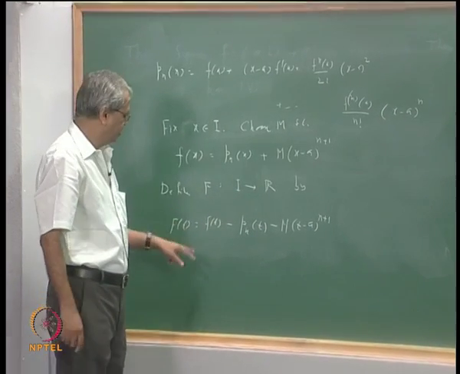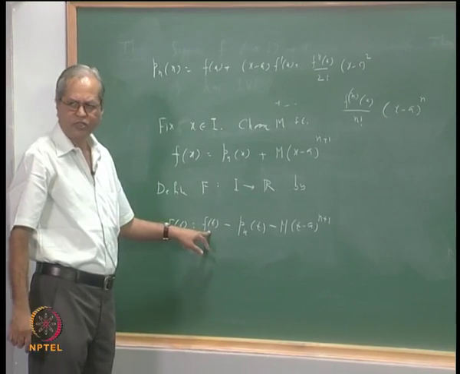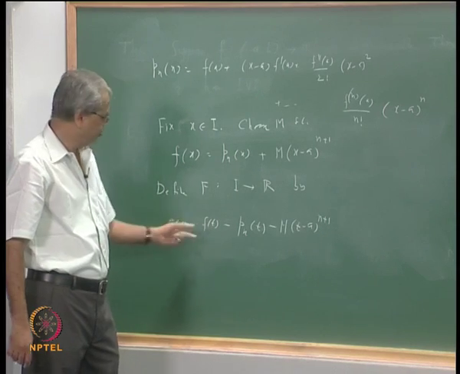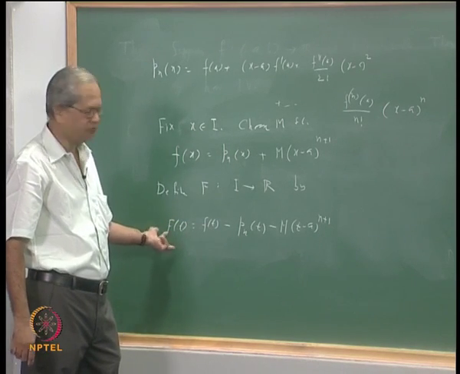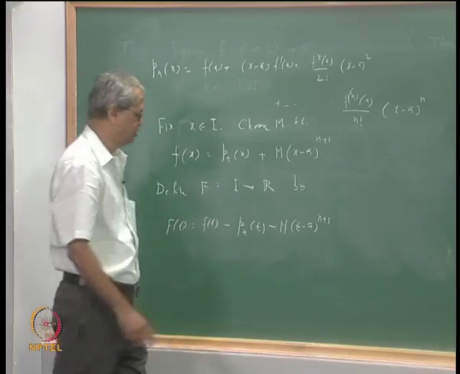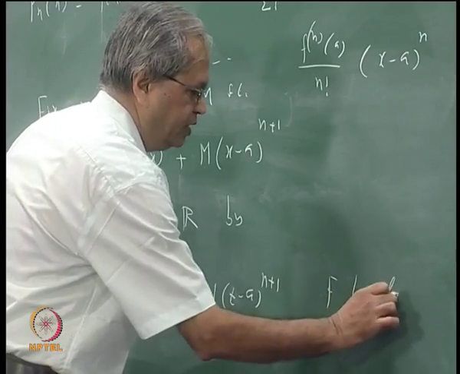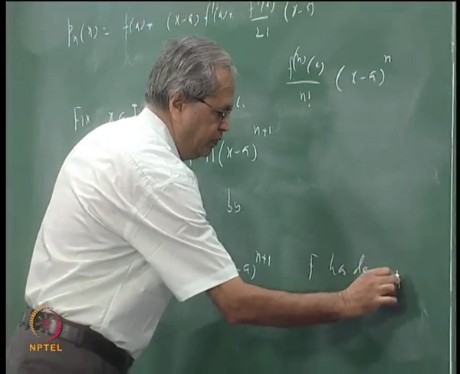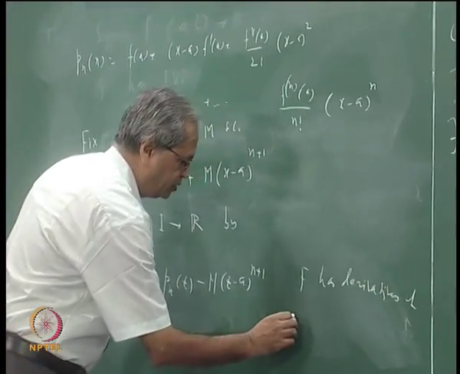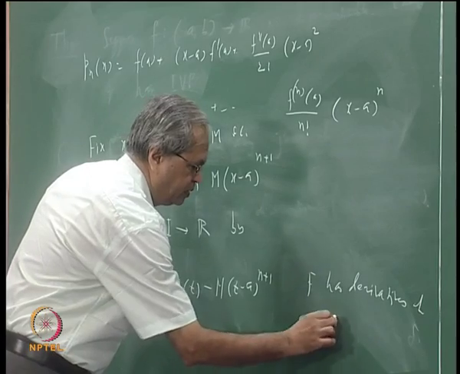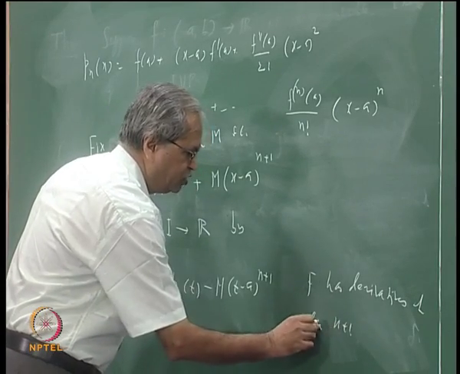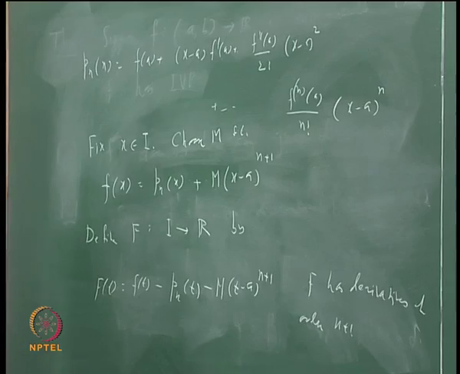And small f has derivatives of order n plus 1. So big F also has derivatives of order n plus 1 in the interval I. So let us just take that for record. F has derivatives of order n plus 1, that means all derivatives up to order n plus 1.